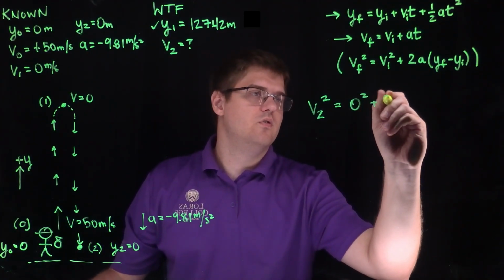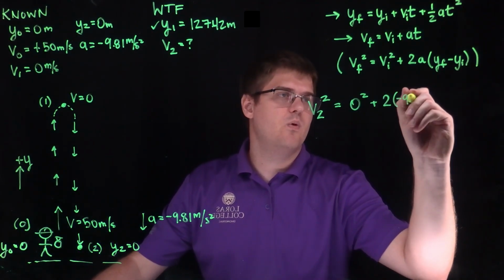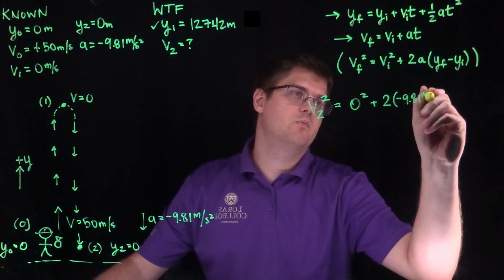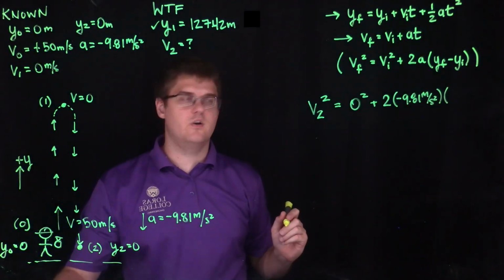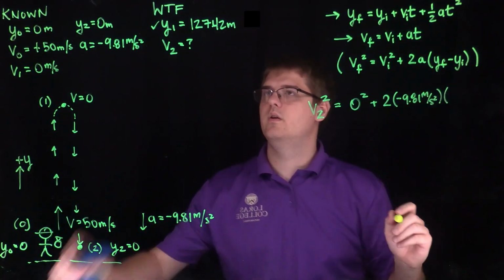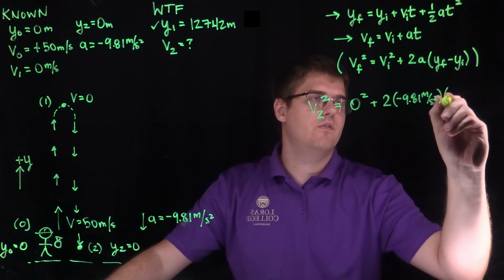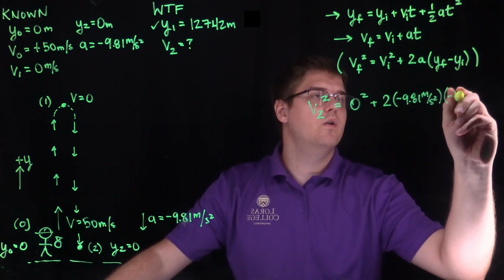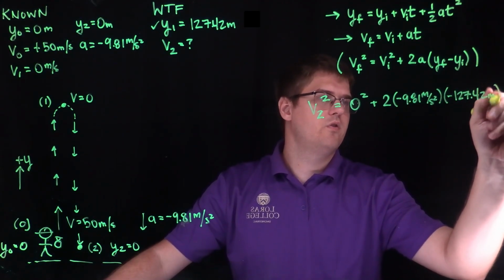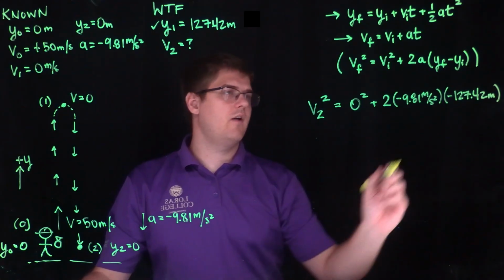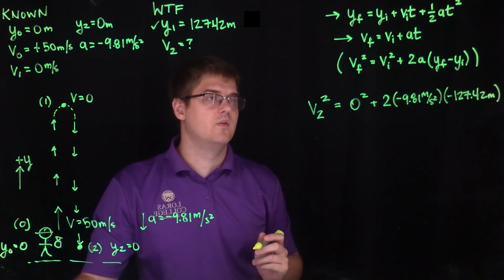Plus 2 times my acceleration, negative 9.81 meters per second squared. Y final is 0. Y initial is 127.42, but it's a minus, so they've got a negative here, 127.42 meters. Units are looking good. I've got meters times meters per second squared. The square root of that is just going to be meters per second.